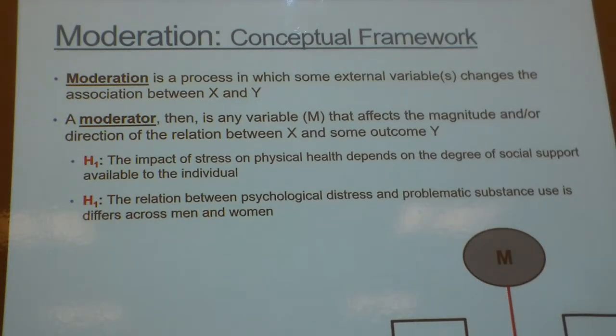Is this like an interaction effect? This is exactly an interaction effect. This is the same thing that we're talking about in our ANOVA models, right? Any interactive effect you have is a moderation effect, right? So the differences in aggression across men and women is dependent on, I don't know, a biological risk factor or something like that.